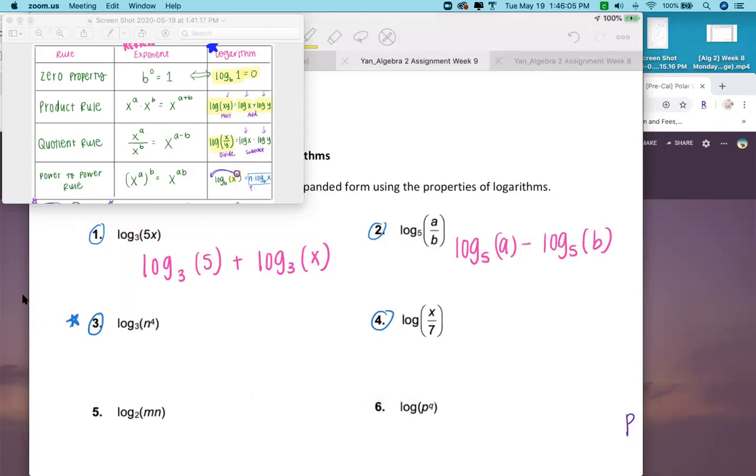So take this 4 to the front. It would be 4 log base 3 of n. You don't need the parentheses, but you can still put them, okay? So I should not see any equal signs. I should see just taking the 4 to the front, and that's it. Okay?